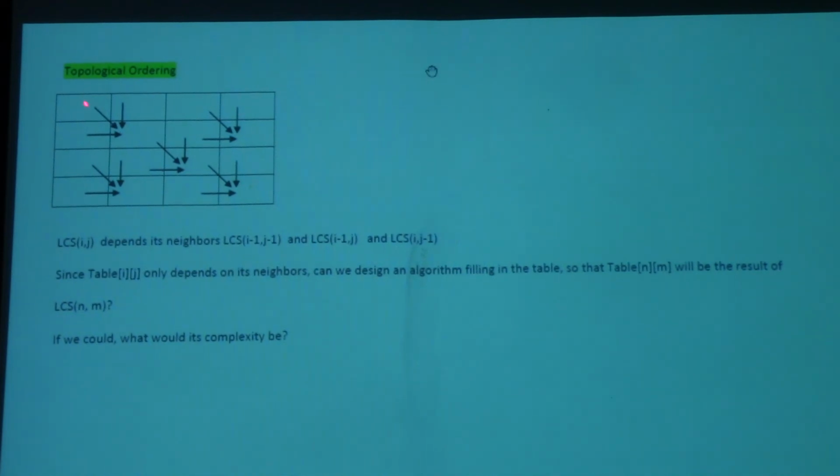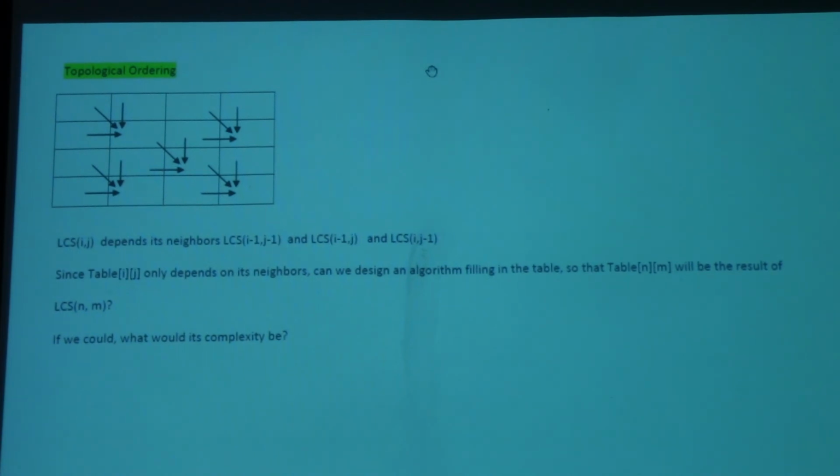What's the complexity of filling in these guys? N plus M? Minus 1. Okay, so now, after I fill in the row 0 and the column 0, can I fill in this? What's the complexity of filling in this cell? Theta?